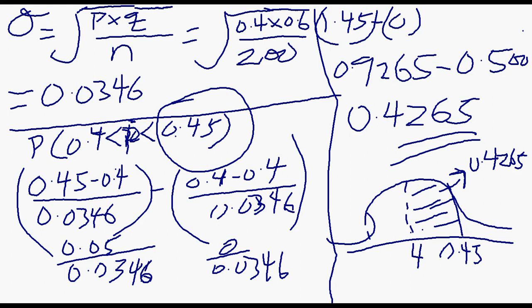In the question they ask that it will be between 0.4 and 0.45. So 0.4 here, and then 0.45. That's the area that I've shaded here.